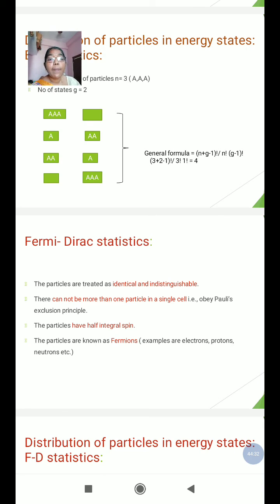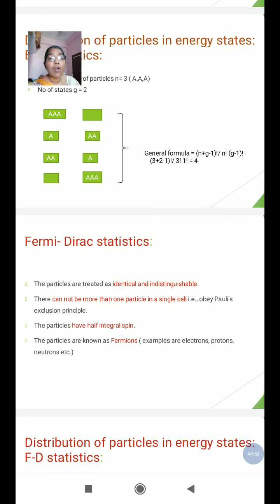All these particles have half integral spins. Half integral spins means 1/2 ħ, 3/2 ħ, 5/2 ħ, or minus 1/2 ħ, minus 3/2 ħ, minus 5/2 ħ.